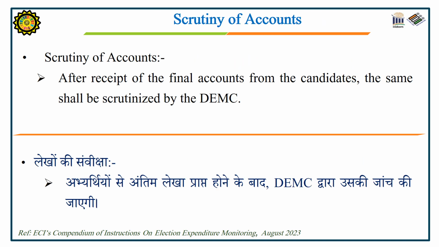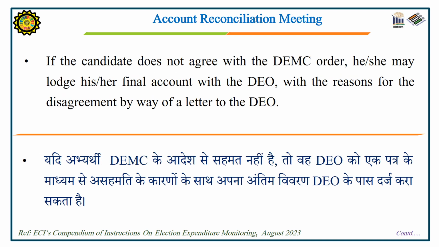Scrutiny of accounts. Scrutiny of accounts will be done after the receipt of the final account from the candidates. The same shall be scrutinized by the District Expenditure Monitoring Committee. If the candidate does not agree with the District Expenditure Monitoring Committee order, they may lodge their final account with the District Election Officer with the reasons for the disagreement by way of a letter to the DEO.